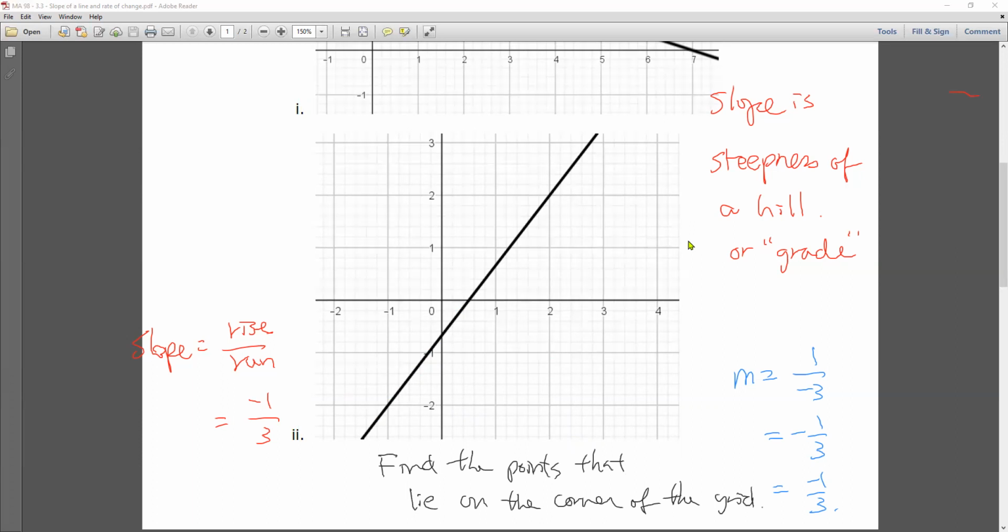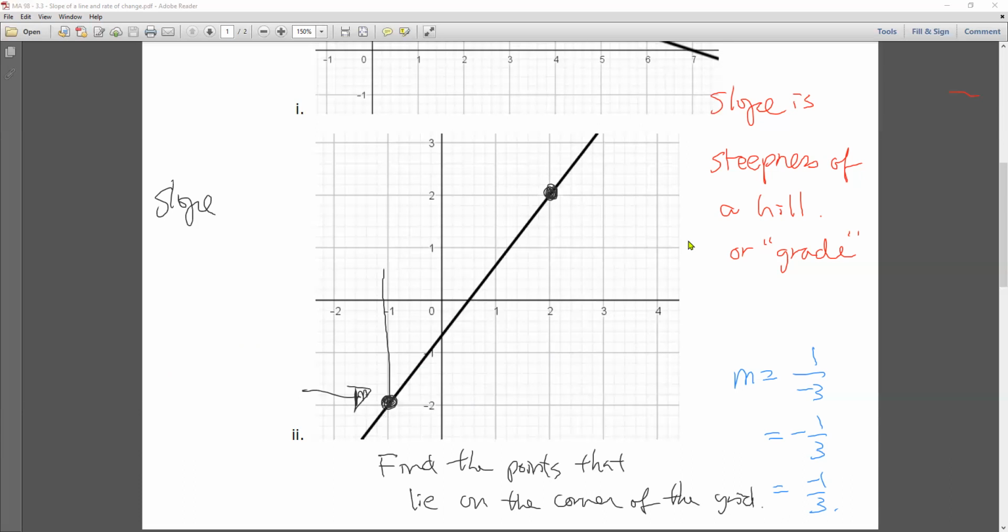So I'm going to pick this point right here. And I'm also going to pick this point right here. So my slope for the second problem is going to be, let me erase a little bit of space over here so I've got some room to work. It doesn't matter which point you pick, but I'm going to start with this point right here. So it's going to be up 1, 2, 3, 4.